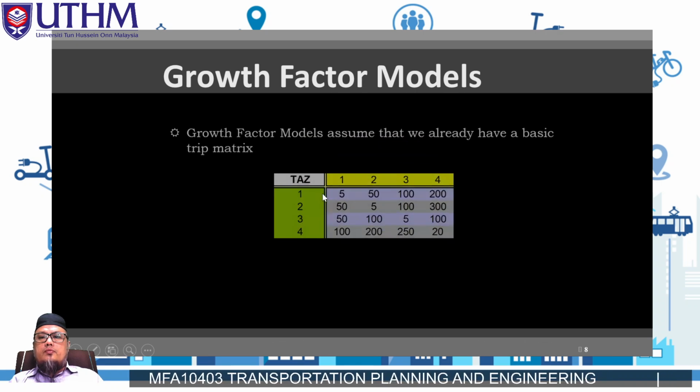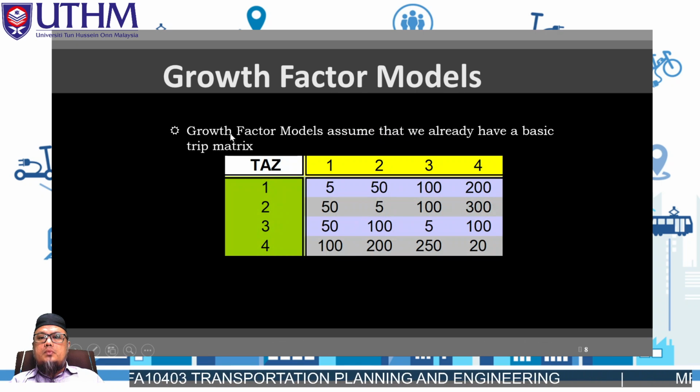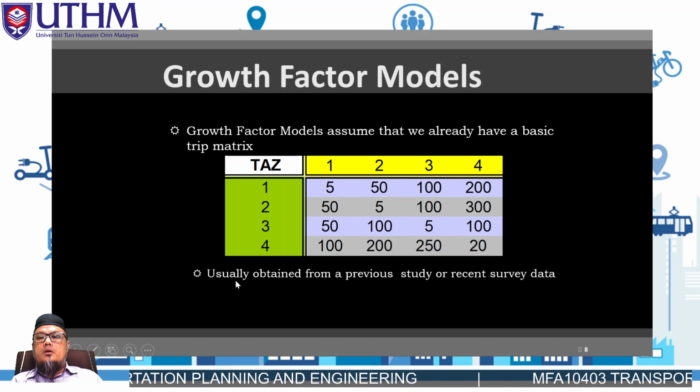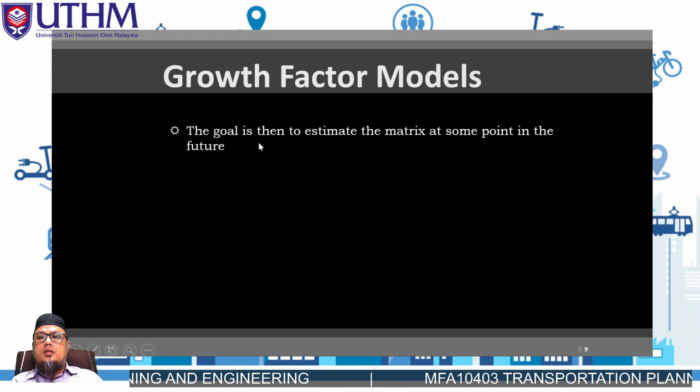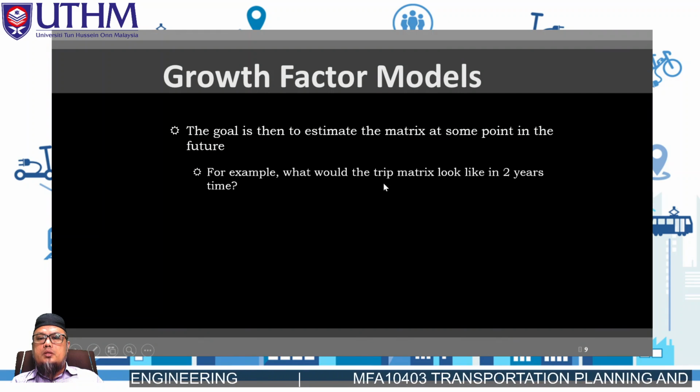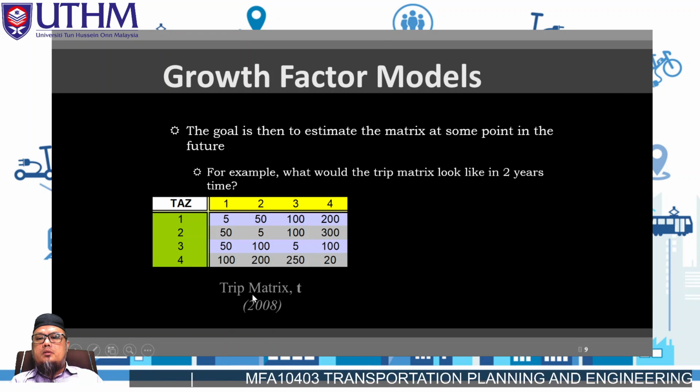Growth factor model assumes that we already have a base trip matrix. So you have this one. After that, we will obtain the previous study or recent survey data. Then the goal is to estimate the matrix at some point in the future. For example, what would the trips look like in 2 years' time?